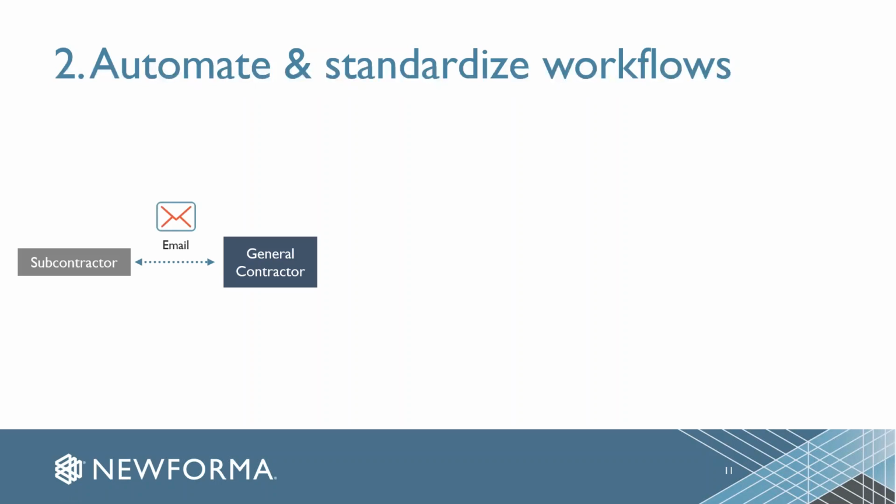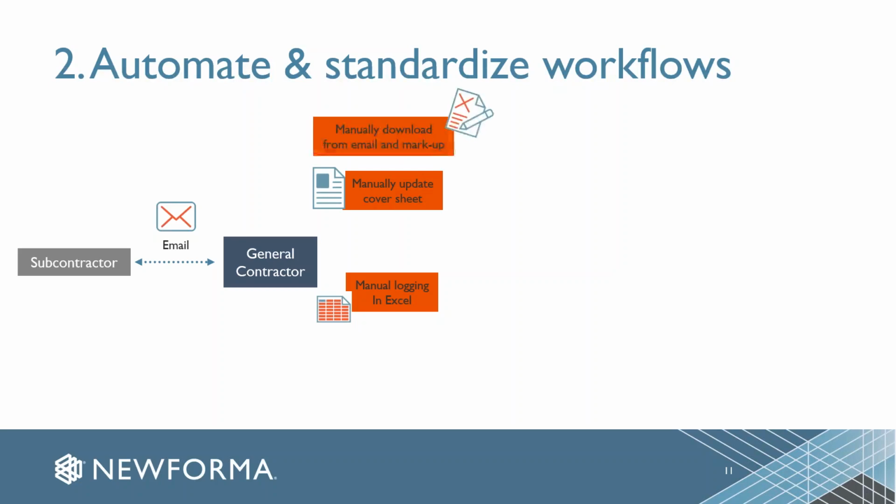He's going to email that to the GC, and then the contractor is going to have to go through, probably update a log somewhere in Excel in a spreadsheet saying they got the submittal or RFI and update the status, and then update the cover sheet with those stamps, any information that needs to go through from that standpoint, and then manually download from the email, do any markups, put all that stuff back into an email and send it to the architect, right?